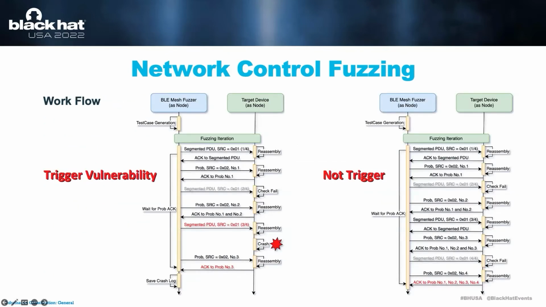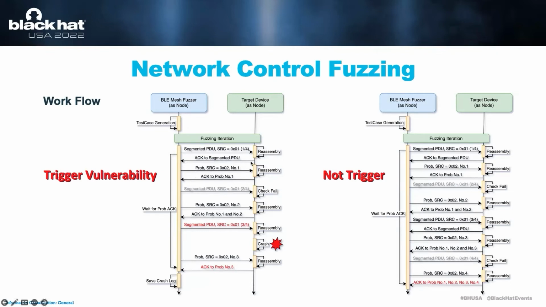And these two sequence diagrams show how the network control fuzzer works. The first diagram shows the case that triggers a vulnerability. At first, the fuzzer generates a test case, which is composed of several segmented packets. Then the fuzzer sends the first packet to the target device, as well as the probe.